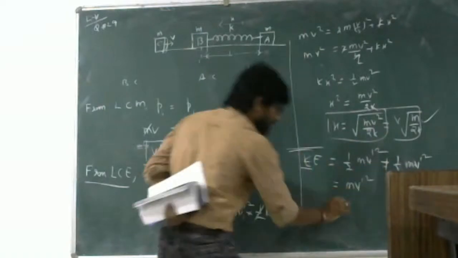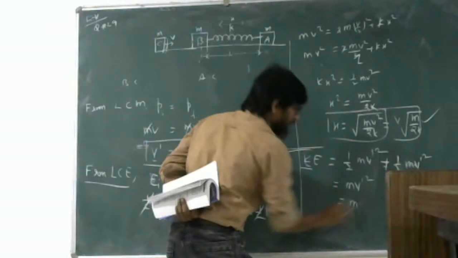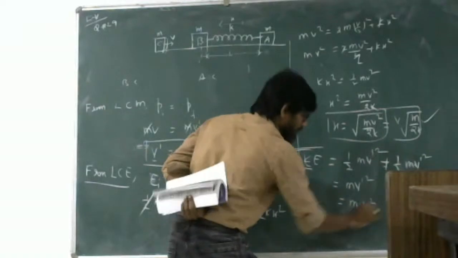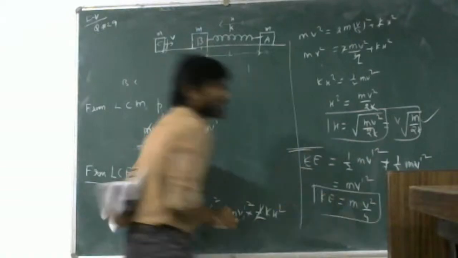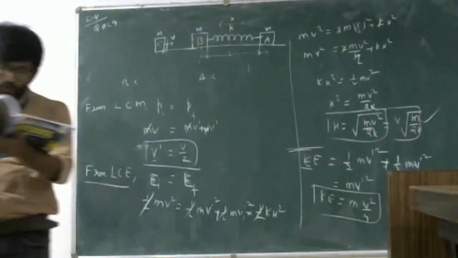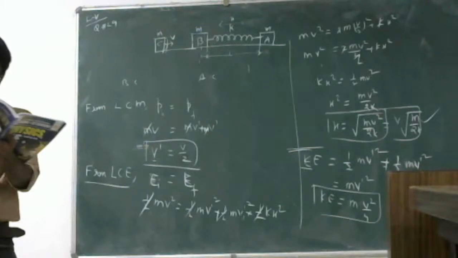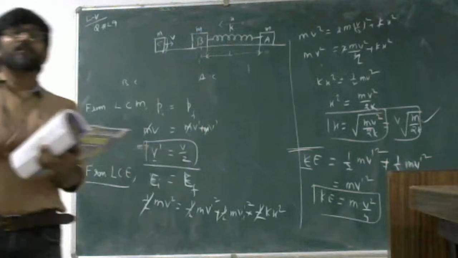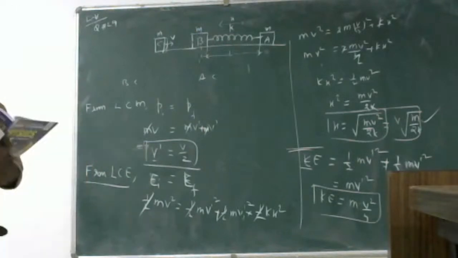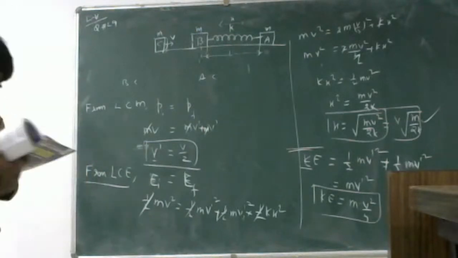That equals m into v by 2 whole square, which is m v square by 4. So the kinetic energy of the system at maximum compression is m v square by 4. Is it right? Yes. So the fourth option is right, the third option is wrong, and the second option is also correct.